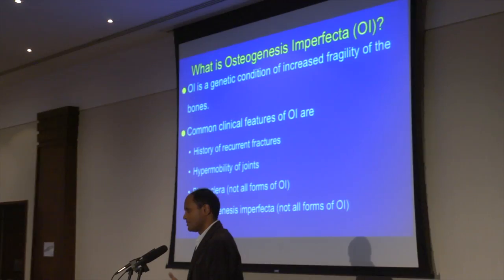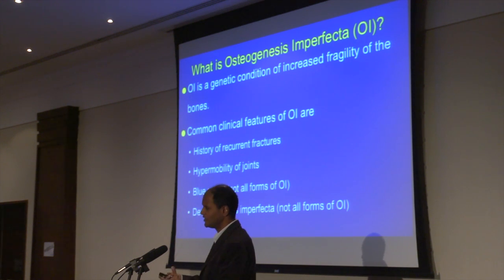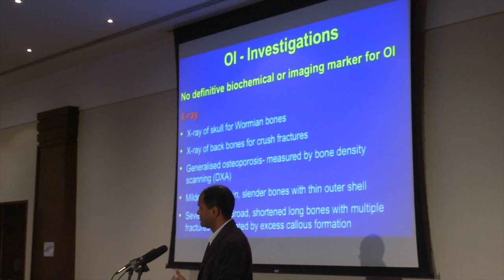Blue sclera is another feature of osteogenesis imperfecta, but not all children with brittle bone disease have it. And similarly, teeth can be affected, but not in all forms of brittle bone disease is dentition affected. So these are the common features which are seen in brittle bone disease.